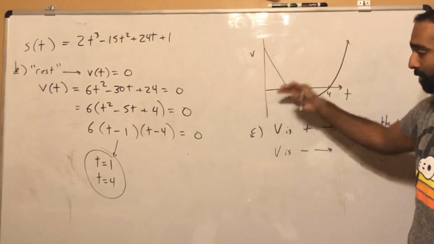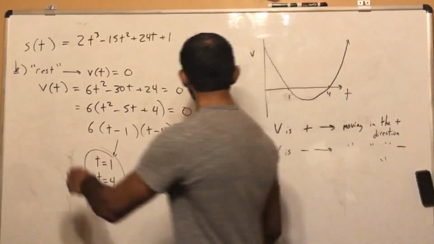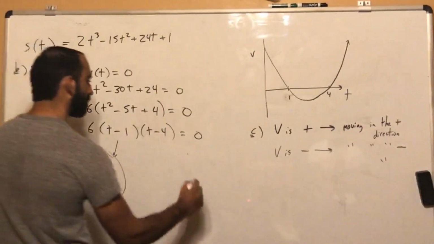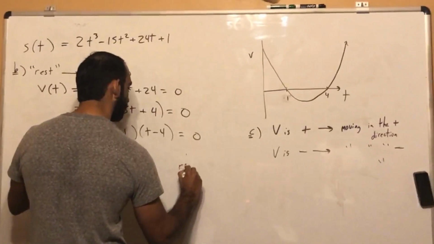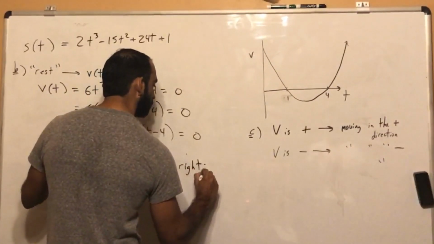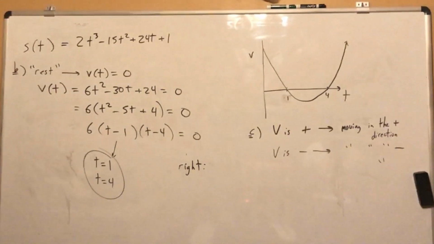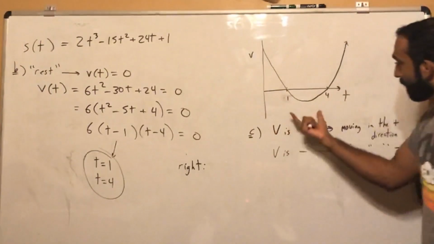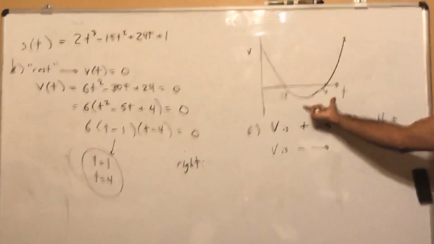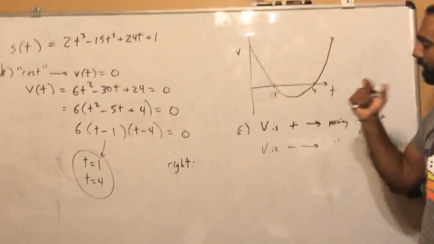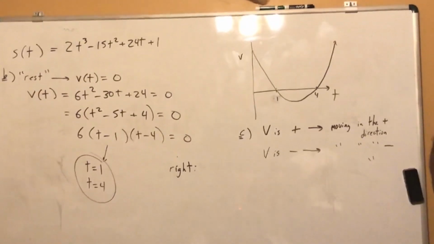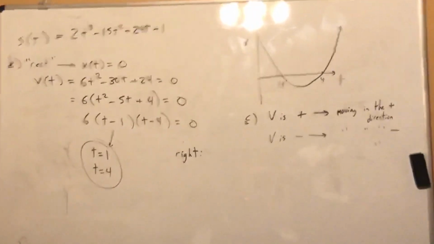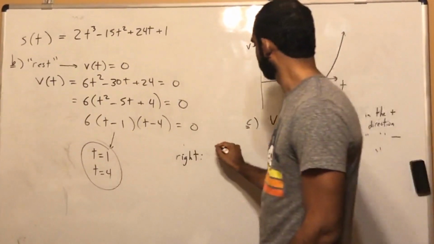Now let's put that in interval notation. I believe right is our positive direction. We already have the picture here. When is velocity positive? On the intervals 0 to 1, and 4 to positive infinity.